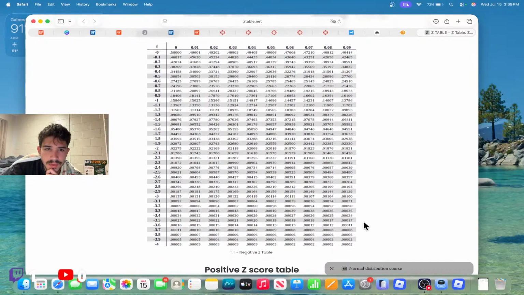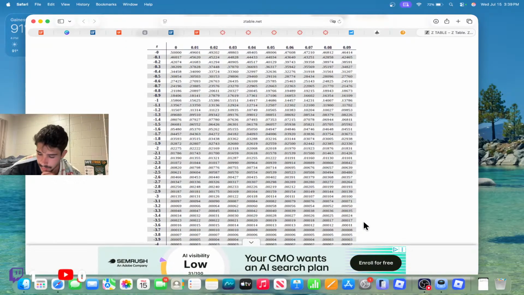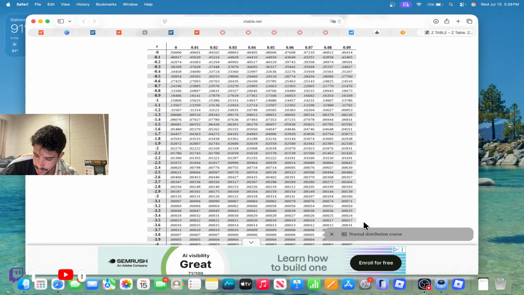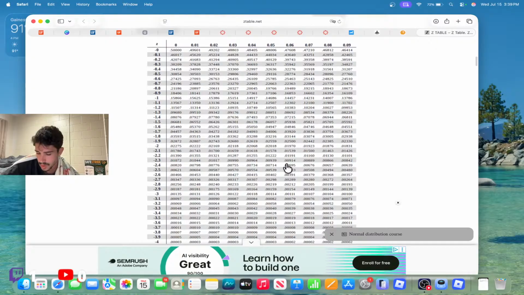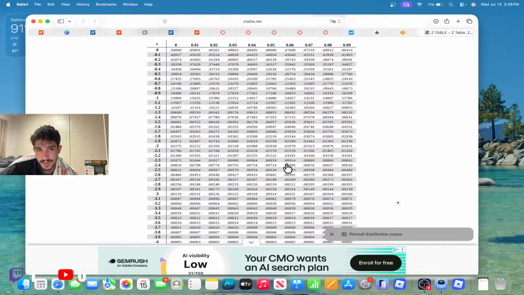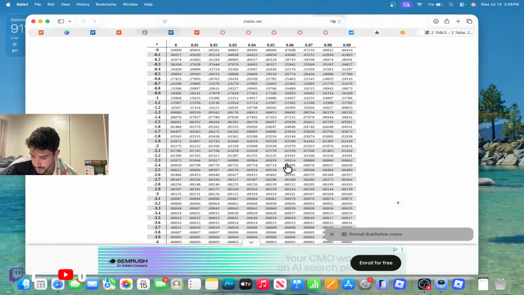Negative 1.7 is going to correspond to 0.04457. Then our negative 0.2 is going to correspond to 0.42074.